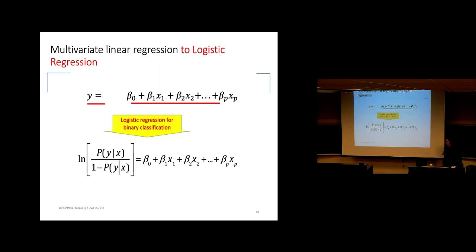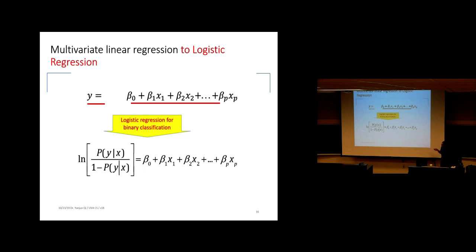So what is it? Let's recap from the regression. Our regression formulation is y equals beta x, the linear regression. Logistic regression is almost the same, but changing the left side into a function called the logit function. The right side is still a linear form, a linear combination of the inputs. The left side is called the log odds of the conditional probability.